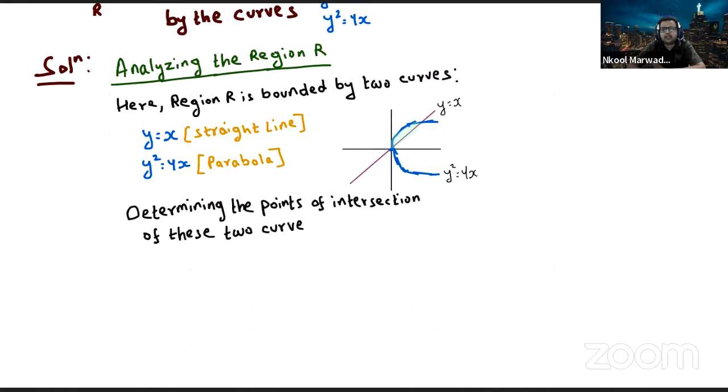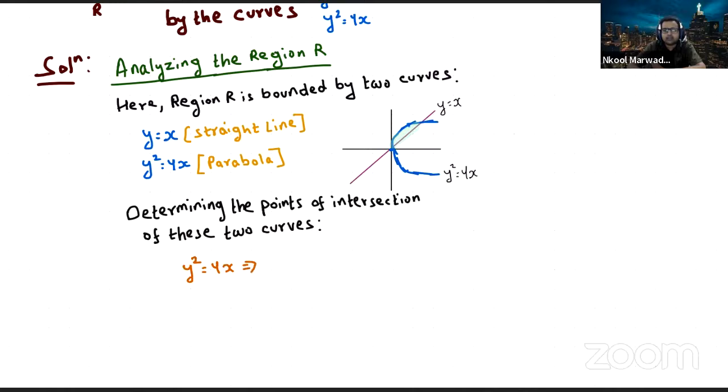See, the idea is that at the point of intersection, whatever points I have will satisfy both the equations. It means that I have y square is equal to 4x. Now I know that y is equal to x, so instead of y, I can write x.